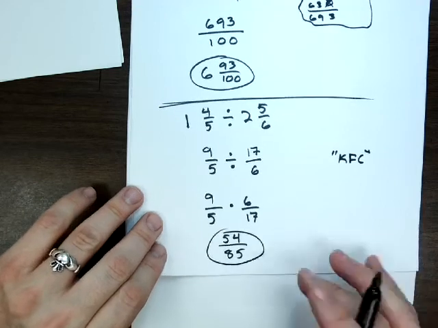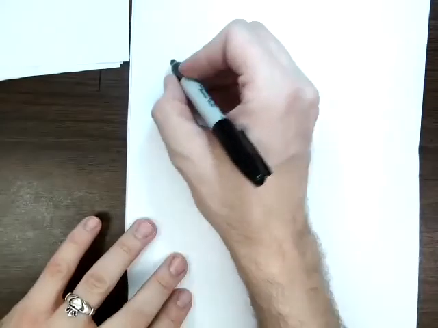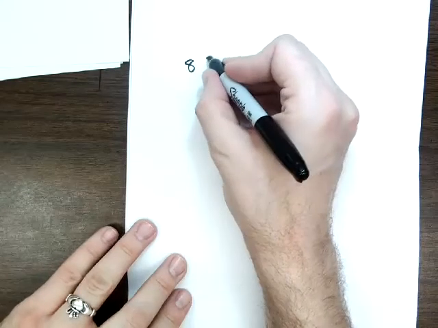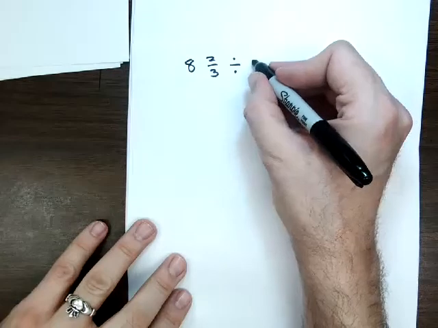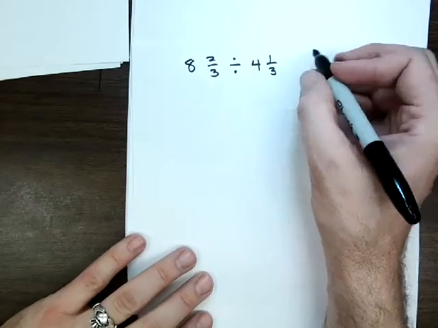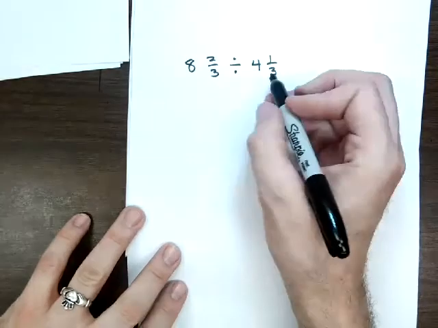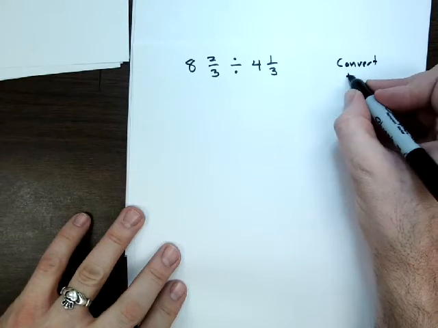Okay. Let's do one more, just to round this out. I'm going to do 8 and 2/3, and let's divide this by 4 and 1/3. Okay, first thing that we need to do is we need to convert to our improper.